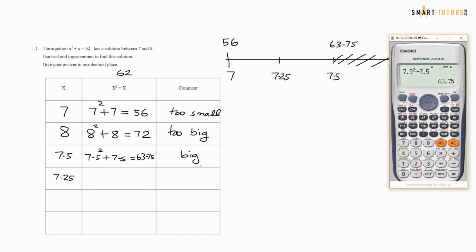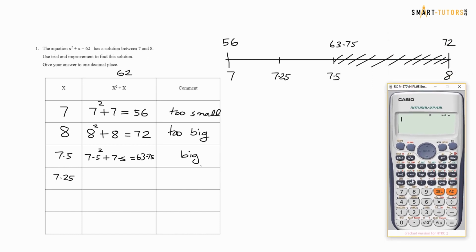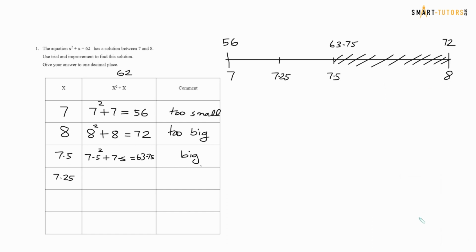So if I go to the calculator again, I'm putting the calculator a little bit lower so you can see. 7.25 squared plus 7.25 equals 59.8125. So this is smaller than 62. So too small.